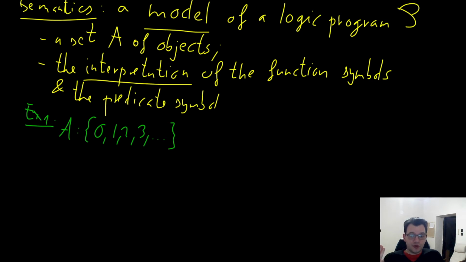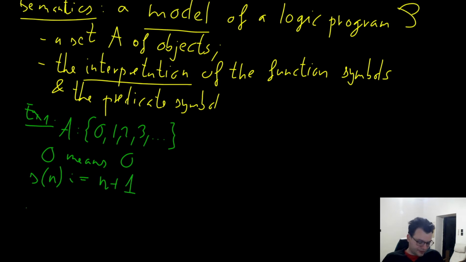Those were our 4 symbols, 2 of them being predicate symbols and 2 of them being function symbols. So 0 just means 0. That's an option. And the successor of some natural number n is just, say, n plus 1. Why not?